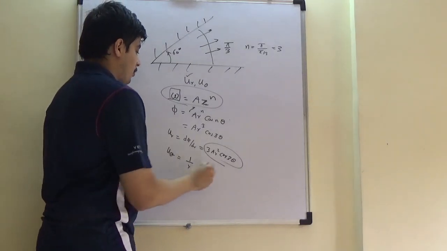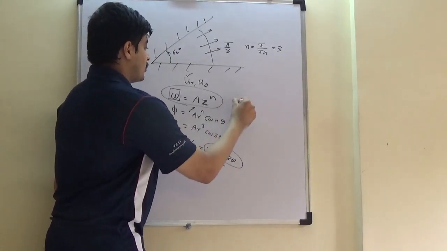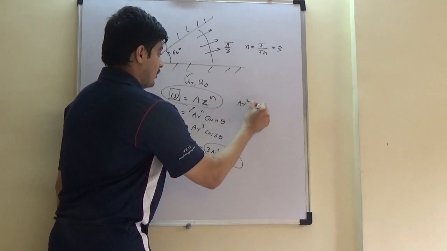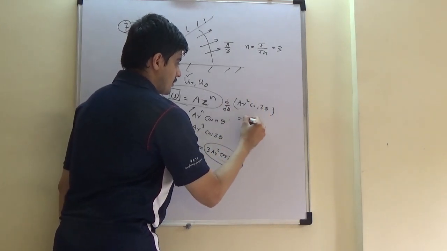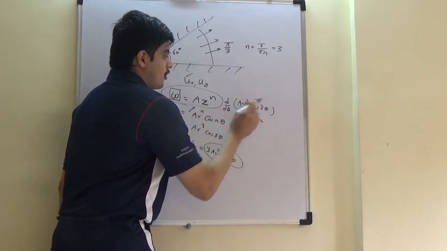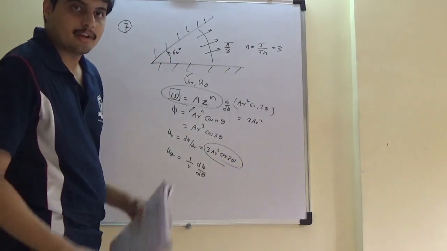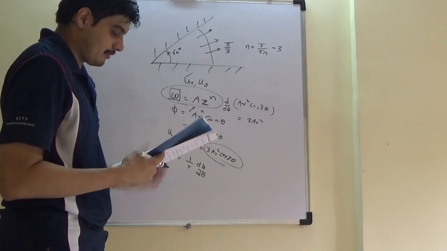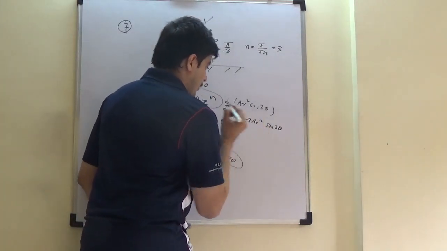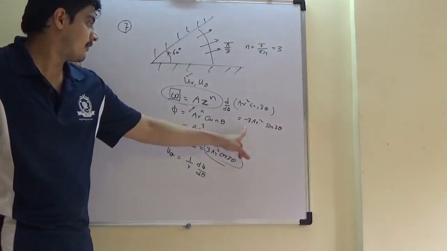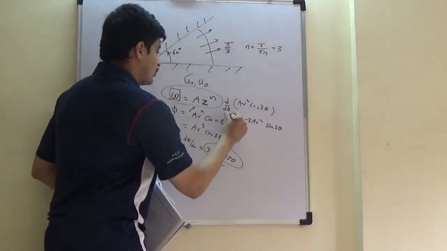What is U theta? 1 upon r d phi by d theta. So it will be A r cubed cos 3 theta, d by d theta. What is this? 3 cos of n theta, n, right? But derivative of cos theta is minus sin theta. So this is U theta.